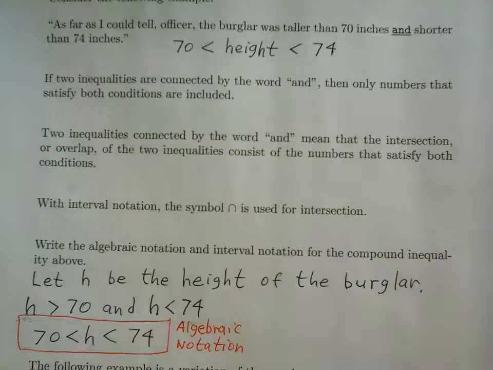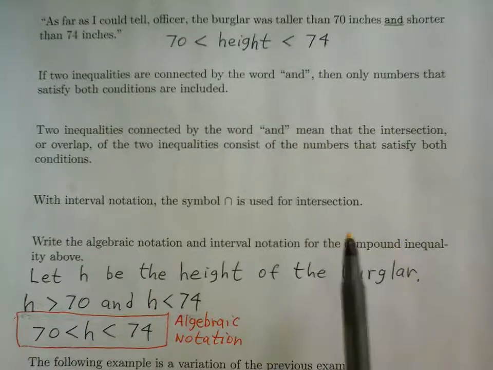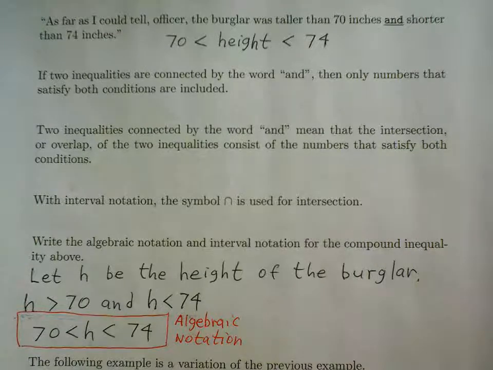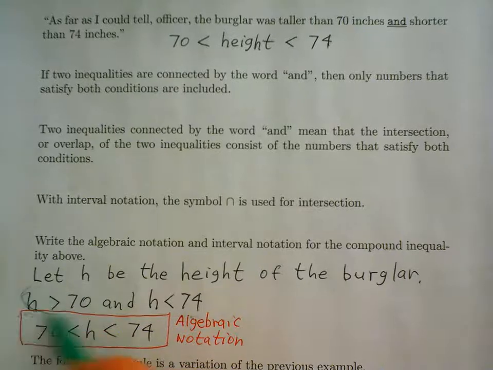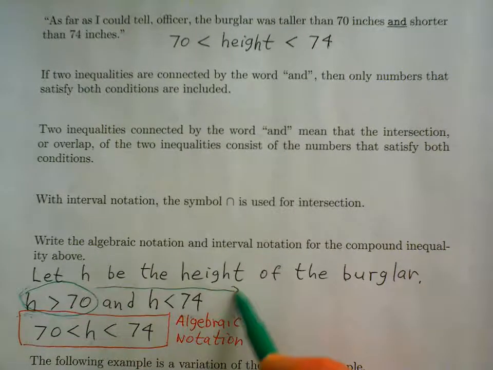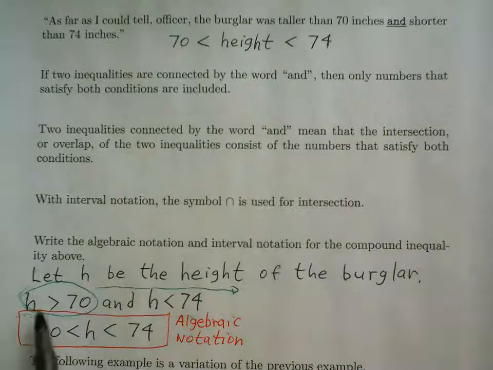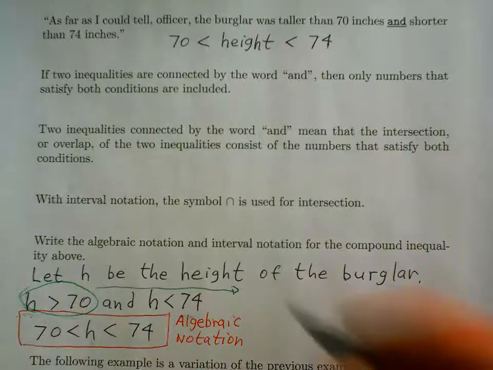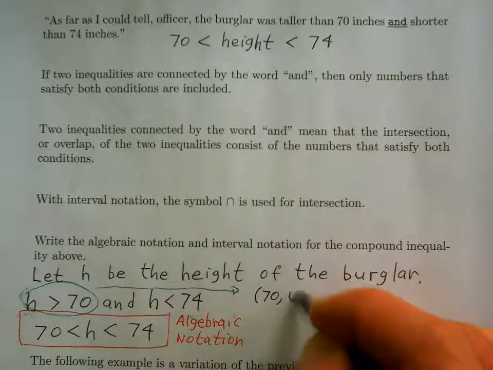Okay, for the interval notation, remember the interval notation for h is greater than 70? The interval notation for h greater than 70 is parenthesis 70 comma infinity.